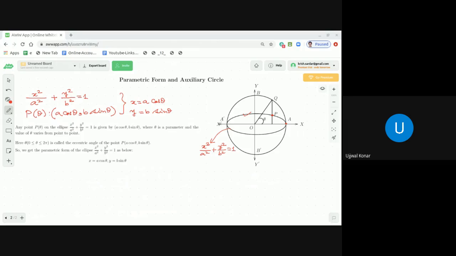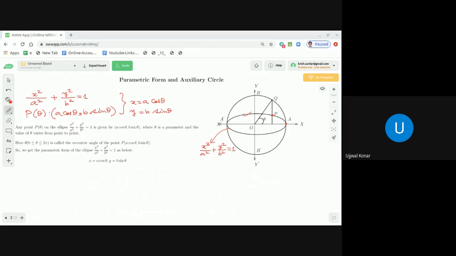The auxiliary circle of an ellipse is a circle whose center is the same as that of the ellipse, and whose diameter is equal to the length of the major axis of the ellipse.